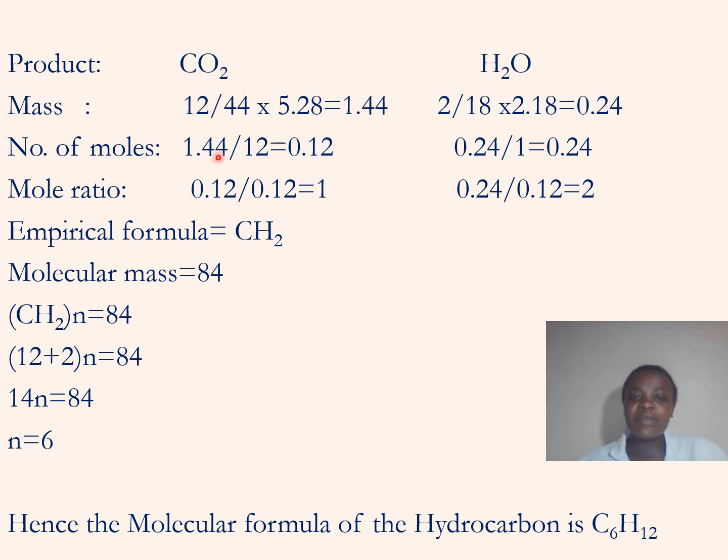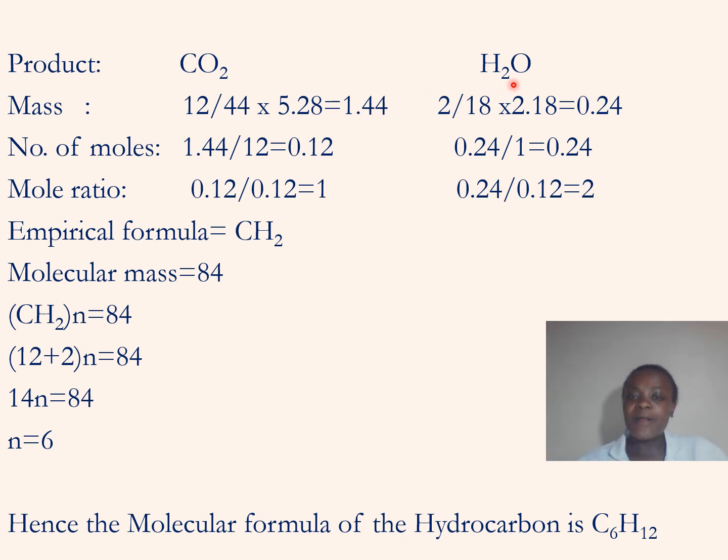So 12 divided by 44 multiplied by the mass of carbon dioxide, which we were given as 5.28, gives a mass of 1.44 grams. So meaning the carbon in this carbon dioxide was 1.44 grams.